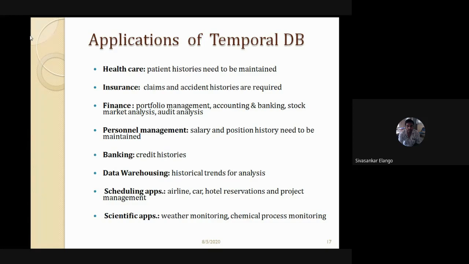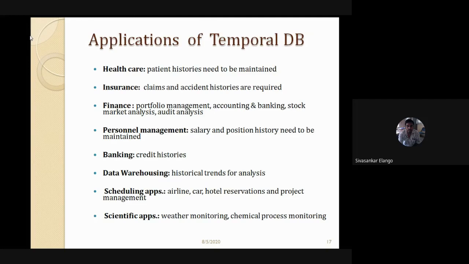In financial management, we go for time series analysis for portfolio management, accounting, stock market analysis and audit analysis. In HR, for personnel management, we need to maintain the salary history of a particular person over a period of time. In banking, we need to store the credit history of a particular client over a long period of time.